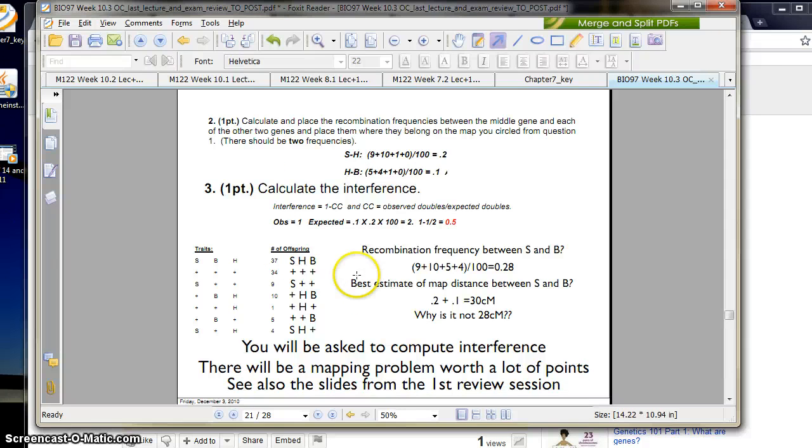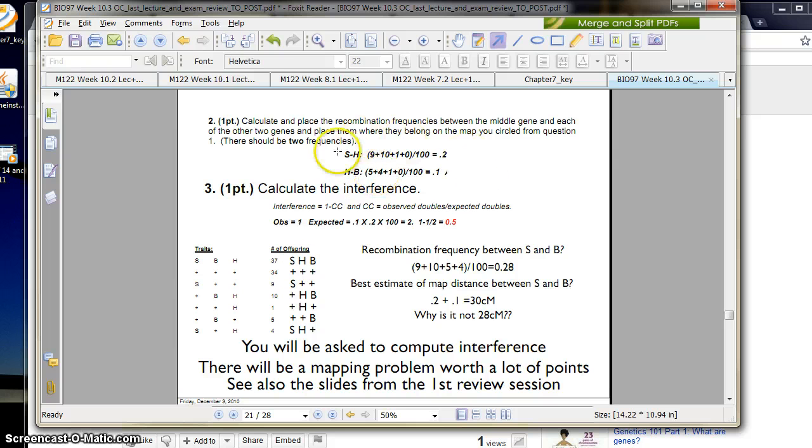Alright, here is map distance. We want to find out the distance between SHB. So the first step is to rewrite all of these in the correct order. So this would be capital S, HB, this would be plus plus plus, this will be S plus plus, plus HB. Basically write everything down in the correct order. Then you look for the ones that are different.